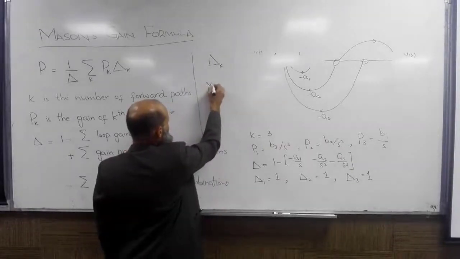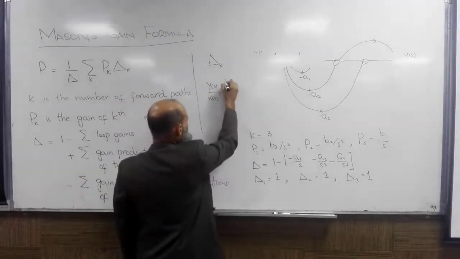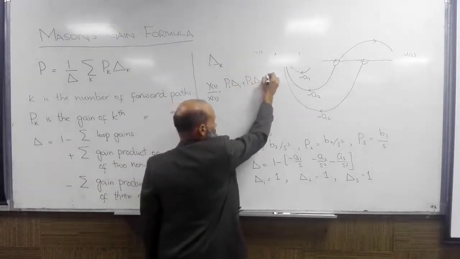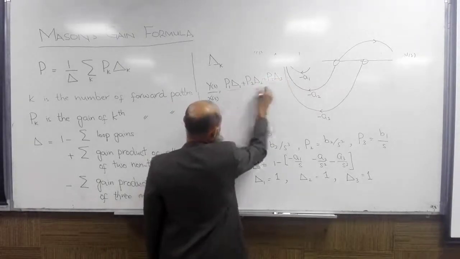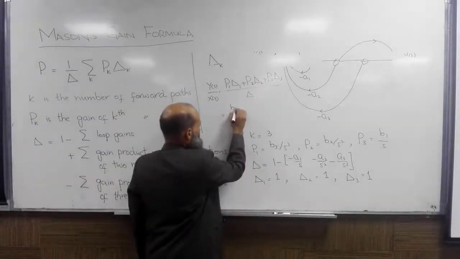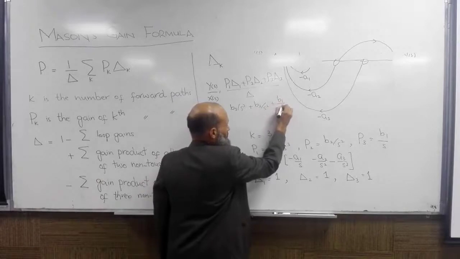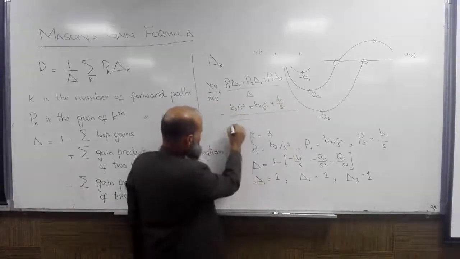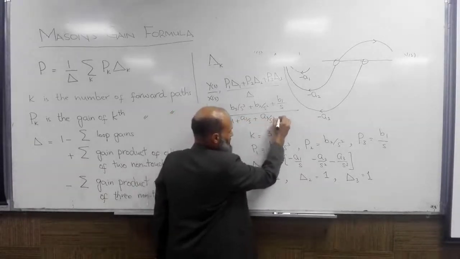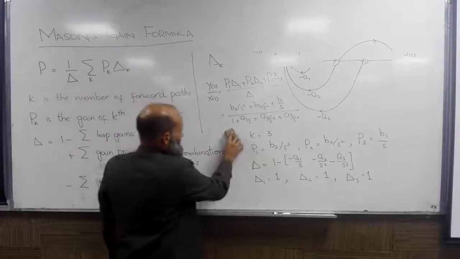And therefore the transfer function between the output signal and input signal is equal to P1 delta 1 plus P2 delta 2 plus P3 delta 3 over delta, which is equal to B3 over S cube plus B2 over S square plus B1 over S, whole divided by delta, which is 1 plus A1 over S plus A2 over S square plus A3 over S cube, right?